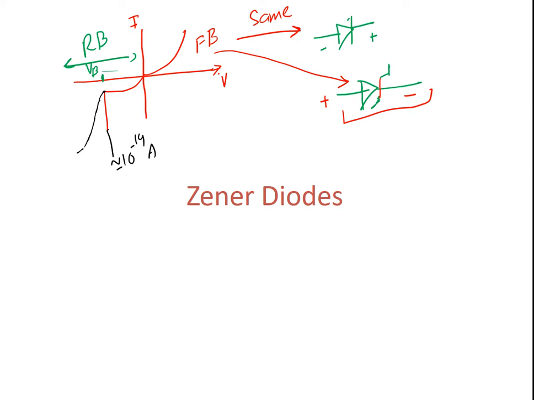The value could be different. And the voltage drop across the terminals of the diode will remain almost the same. So when the reverse bias voltage crosses the Zener diode's level, we get an almost constant voltage drop across the terminals of the diode.